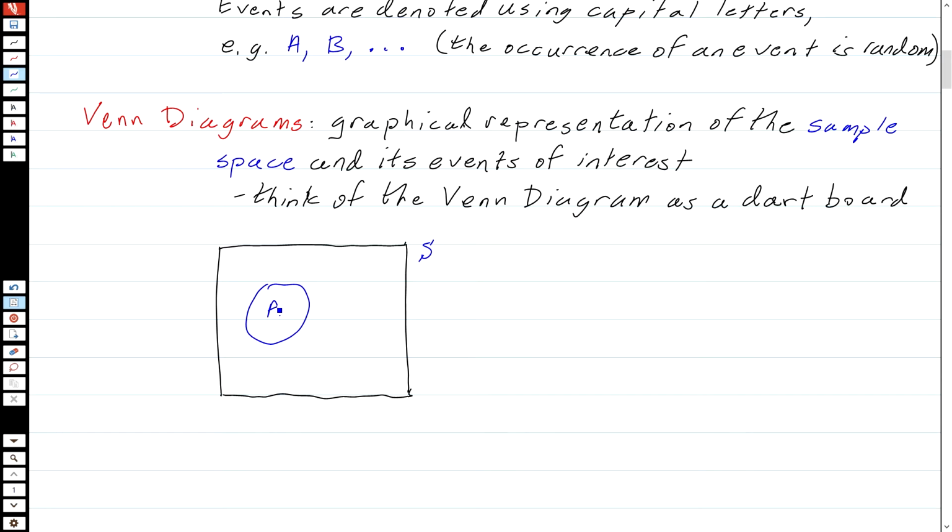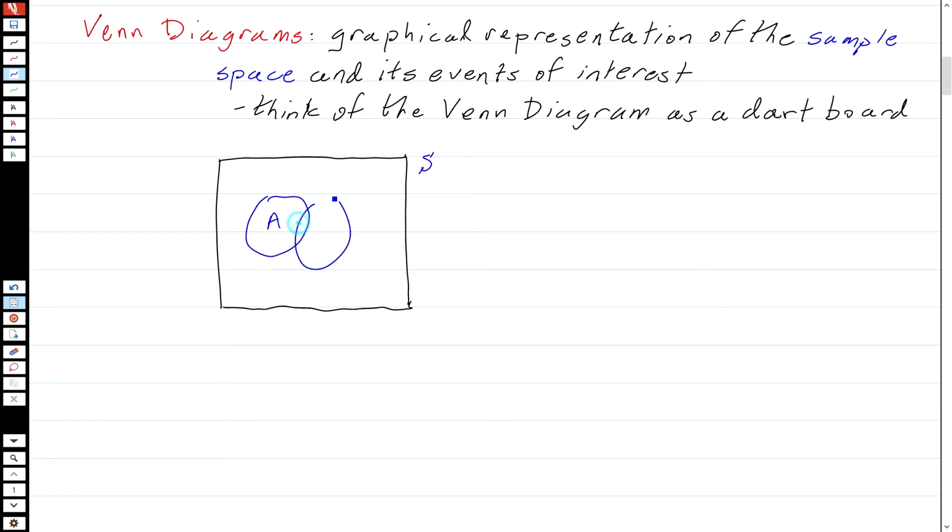And we can have other subsets or events, and these may be overlapping. So if A is the wind speeds between 20 and 30 kilometers an hour, and B is wind speeds between 28 and 40 kilometers an hour, there is some overlap there. 28 to 30 is common between the two subsets, or the two events.